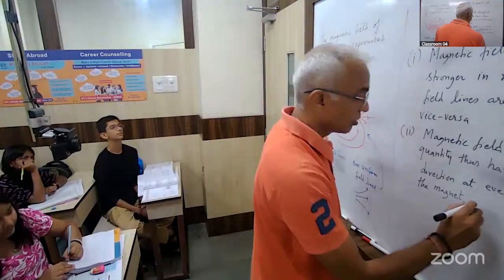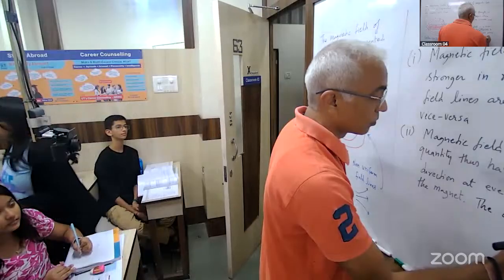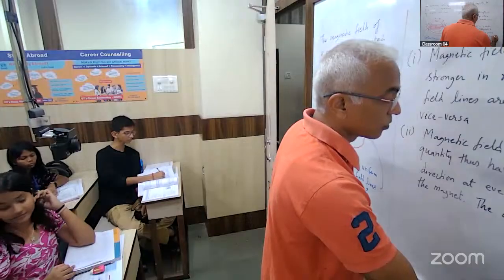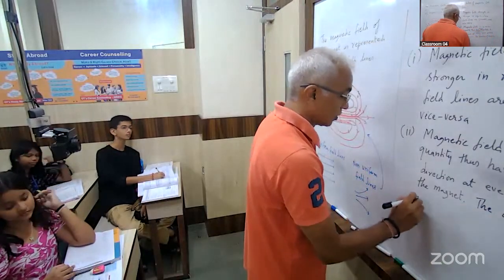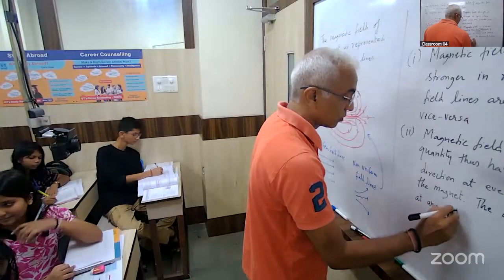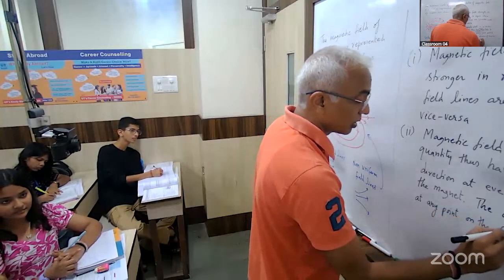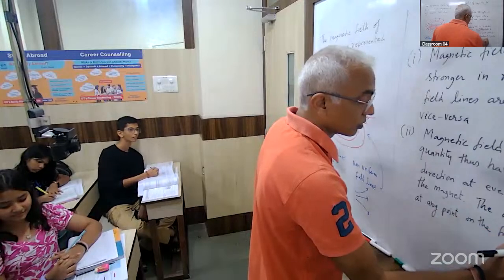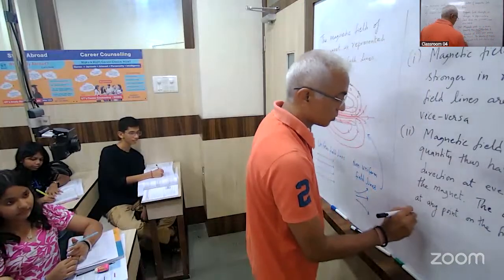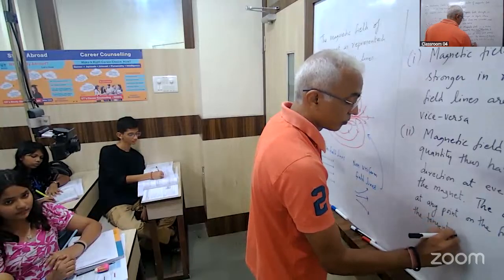So the direction of the magnetic field at any point on the field line is along the tangent at that point.